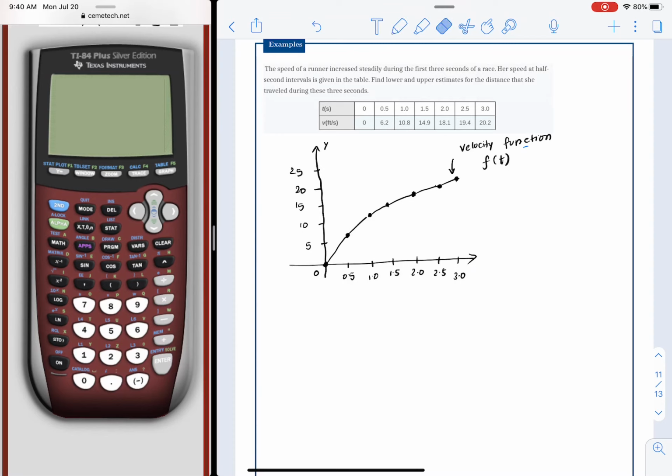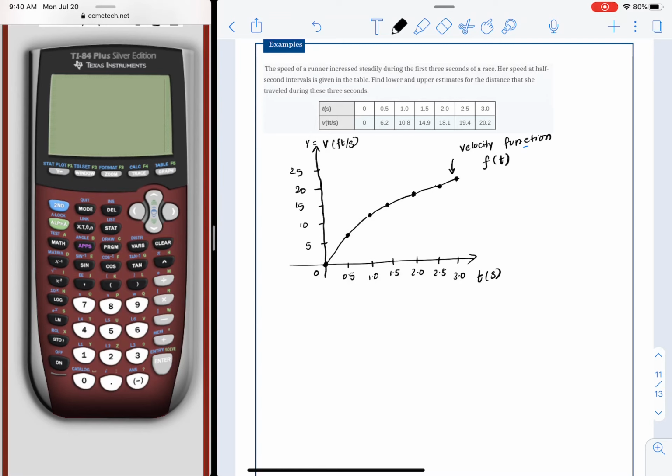Change that to t in seconds and velocity v. So that is the velocity function.